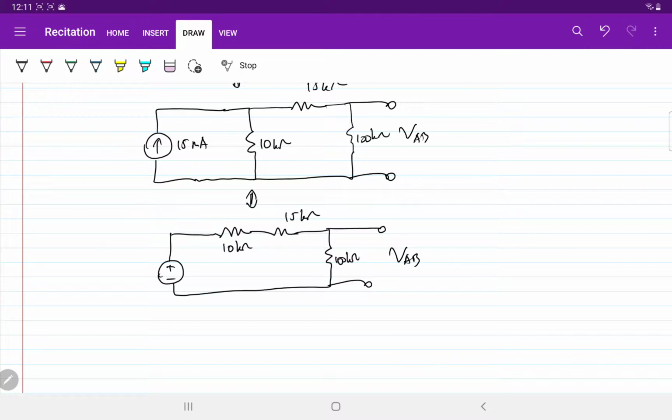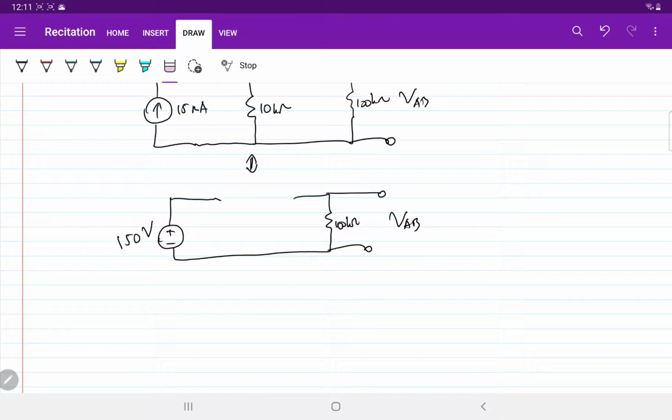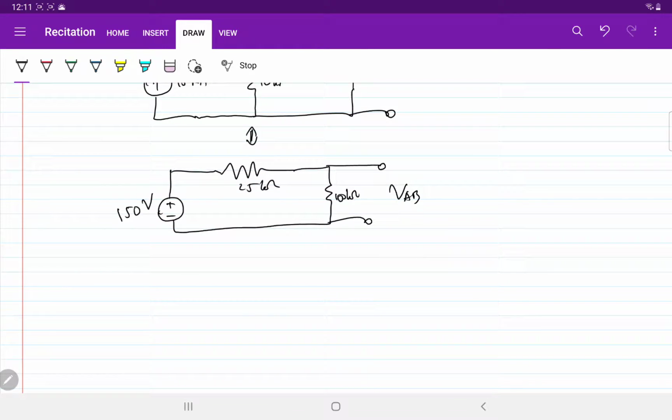So 15 milliamps multiplied by 10k ohms is 150 volt. Here 10 plus 15, I have 25k. All right, so I have 25k, 150 volt and 100k ohm there.